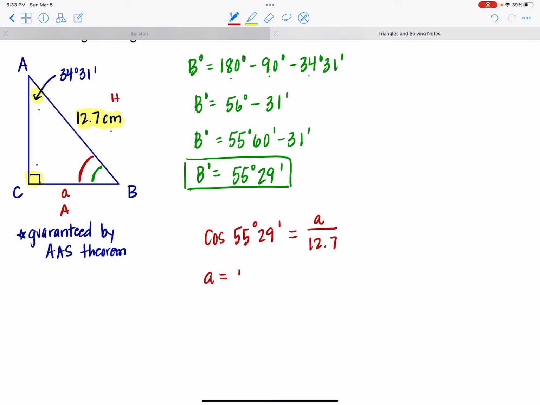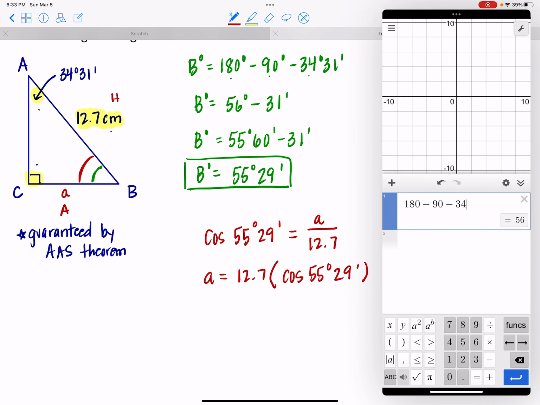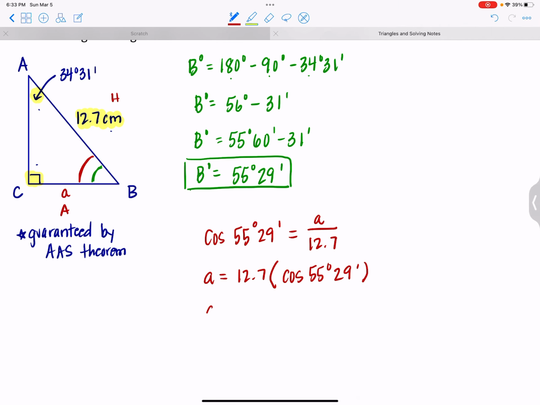So A is going to be equal to 12.7 multiplied by the cosine of 55 degrees and 29 minutes. Now, if you remember in Desmos, we don't have a minutes key. So if I want to put that into my calculator, I'm going to have to put in 12.7 and then multiply it by the cosine of 55 degrees plus, remember that 29 minutes is 29 out of 60 minutes in each degree.